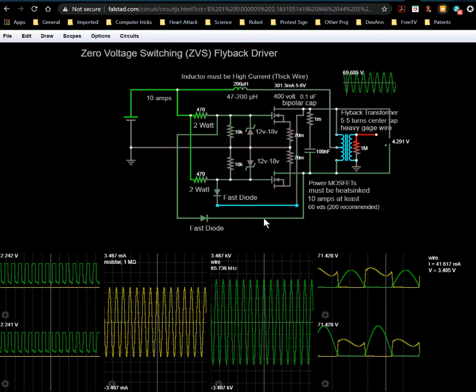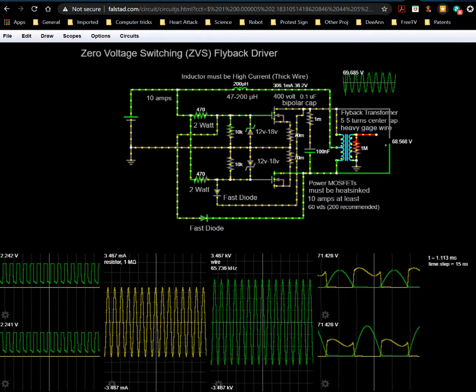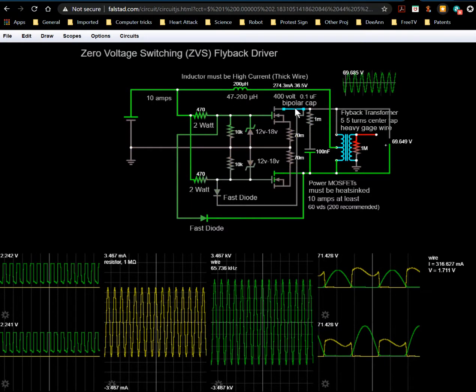When this is on, let me run this simulation a little more so it's clearer. Okay, yeah, this transistor is on. As you can see here, its current is high, but its voltage is off. The green is voltage, the yellow is current.